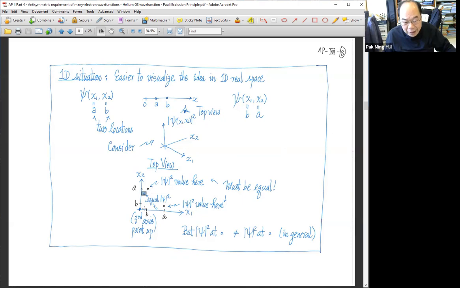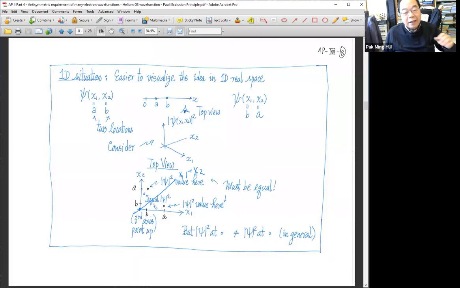So what it says is that if you plot this 3D plot, if I draw a diagonal, this is the x1 equals x2 diagonal line.